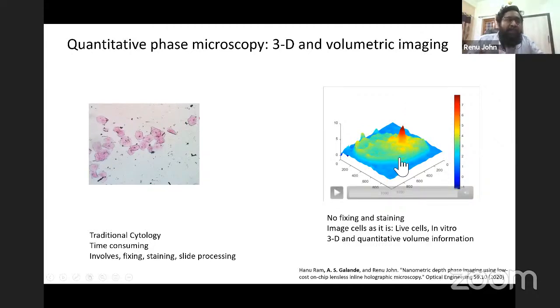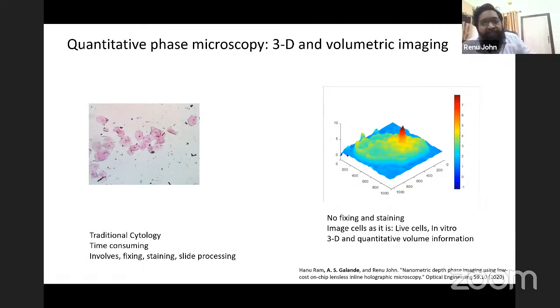Typically what the clinic estimates is what we call the nuclear to cytoplasmic ratio, which is an areal ratio, which decides whether the cells are closer to normal or on the other side, whether they are more prone to nuclear divisions. So they do an average of multiple cells and find out this nuclear to cytoplasmic ratio.